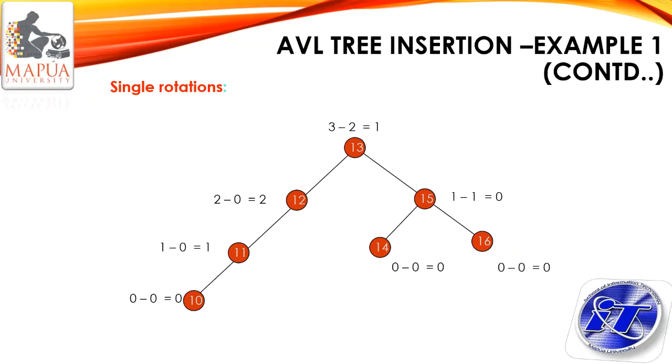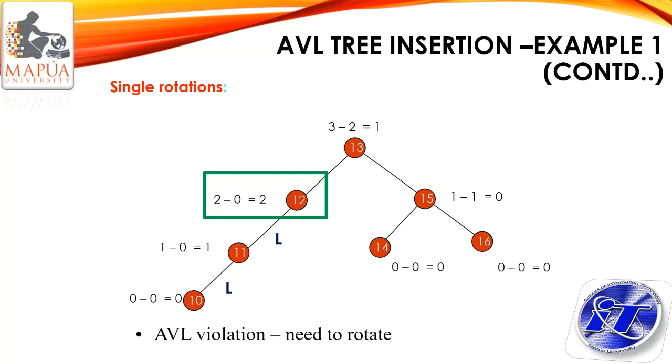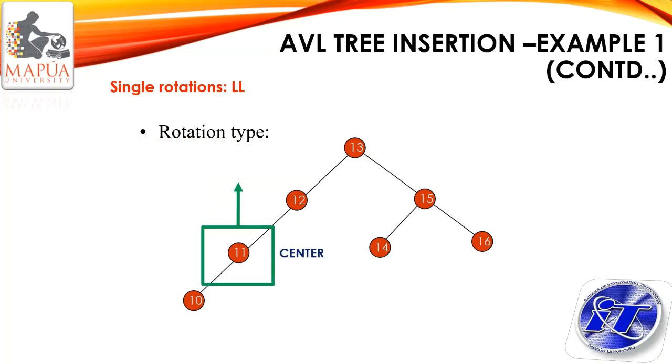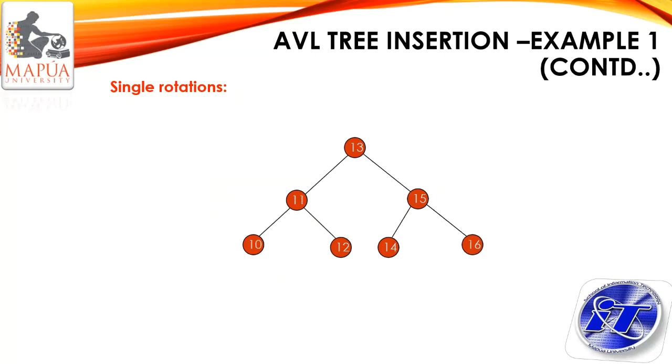So there's a problem node, which is 12, and we need to check the source of the issue. So it's on the left side. So therefore, LL approach. So look for the middle node between 10, 11, and 12, and it will be the new parent node. So 11 will be the parent node, 12 and 10 will be the child nodes of 11, and 11 will be connected to 13.